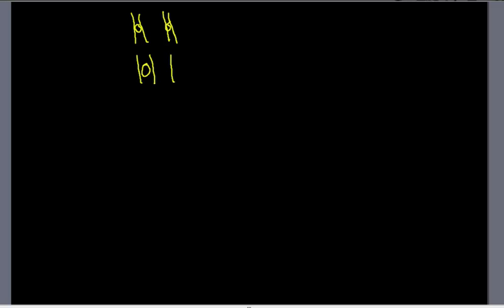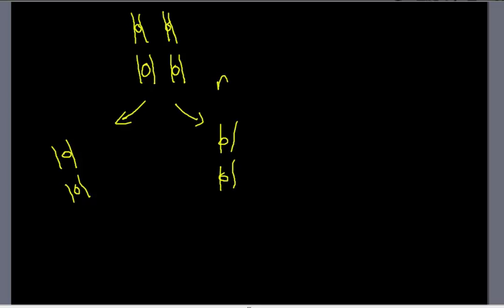They're homologous chromosomes. In meiosis 1, the cells divide and the pairs segregate away from each other. So this is meiosis 1.